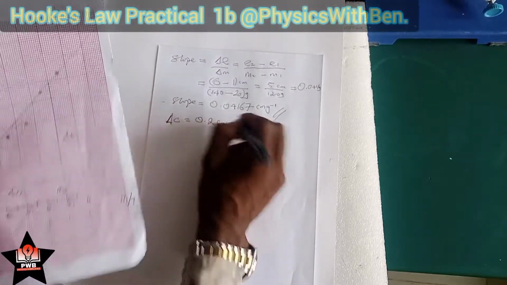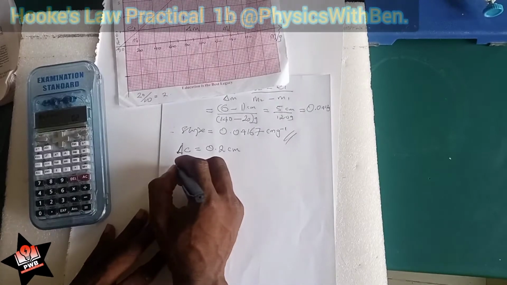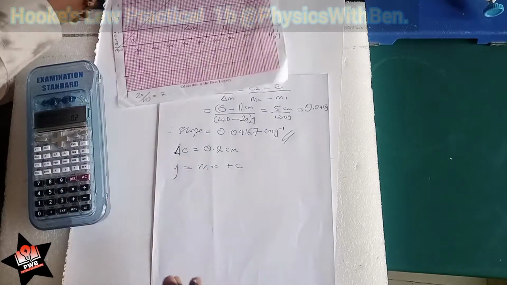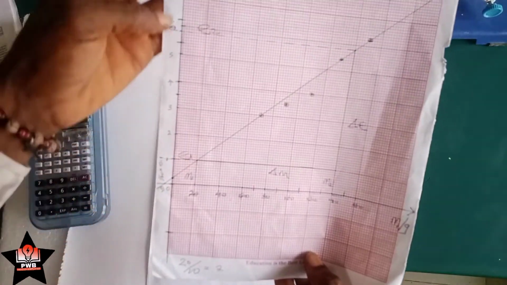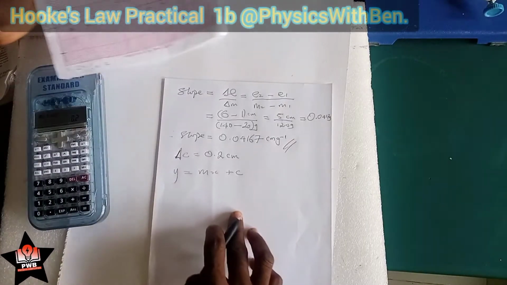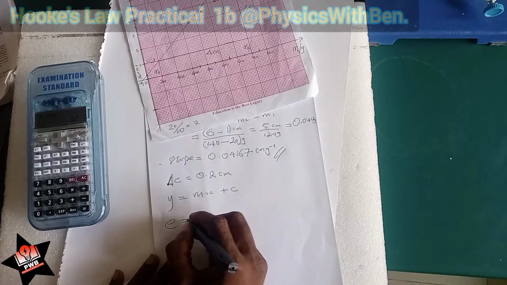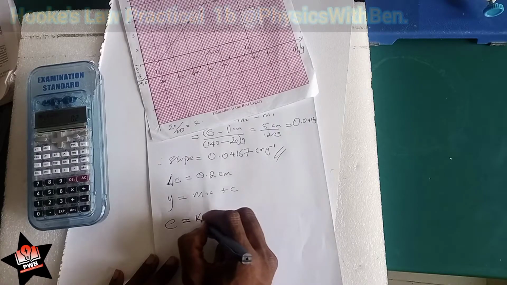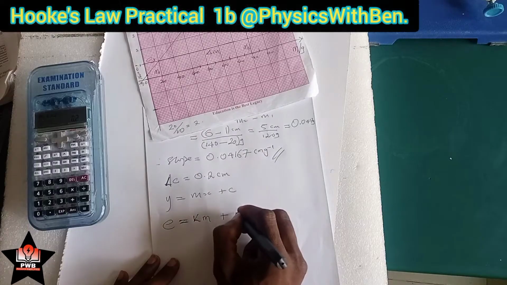So the intercept is 0.2 cm. So from the equation y is equal to mx plus c, since the intercept is on the positive vertical axis, this is the equation for the intercept. For this graph, it is E is equal to km plus c.